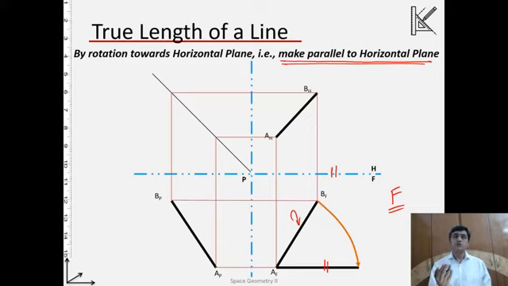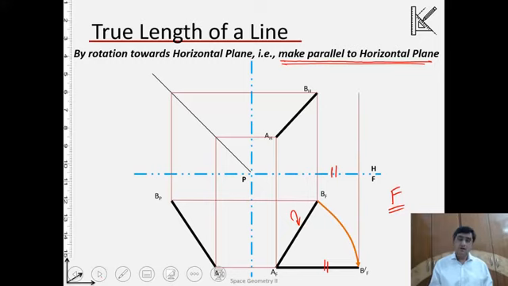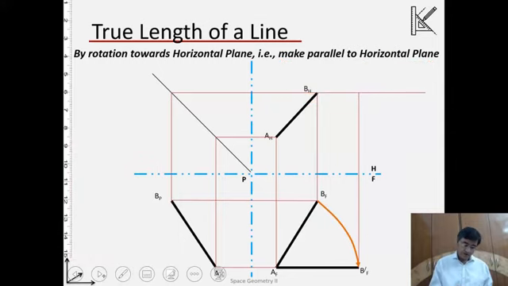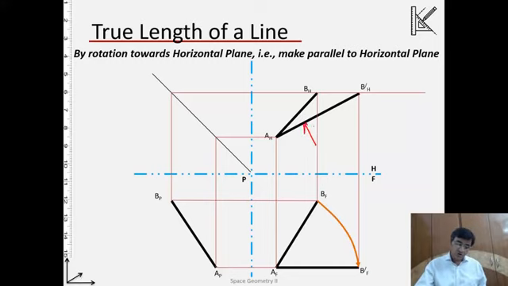The moment it is parallel to the horizontal plane, its projection on the horizontal plane will be the normal view. So if I project it onto the horizontal plane with the help of the projectors, again, as I am rotating it, B will move along this line only, as we had seen in the previous case. So with the help of this we can locate the end B dash H. So this is now the normal view of the line. Again with the help of this we can locate the point view as we have done previously.